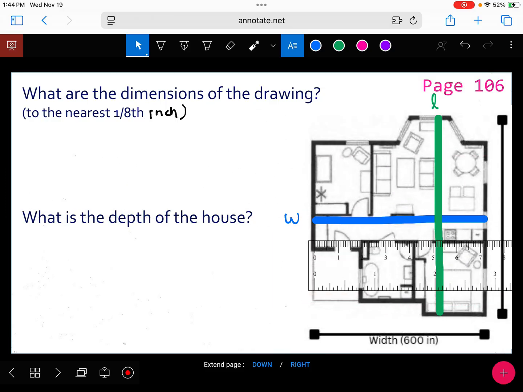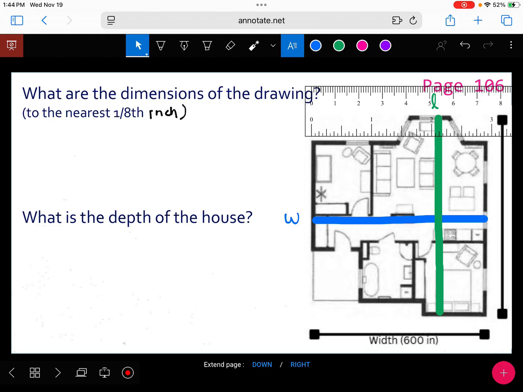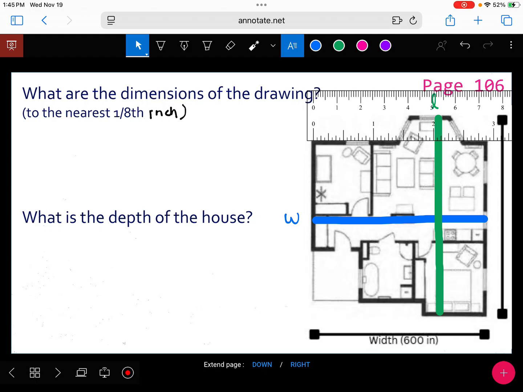Oh, it is actually just about the same scale. Almost. No, it's right on. All right, so if we were to grab our ruler and line it up, this is pretty close. It's not perfect, but it's pretty close. Measuring it out. Make sure you use your inches.